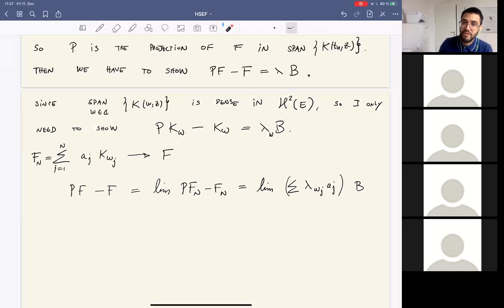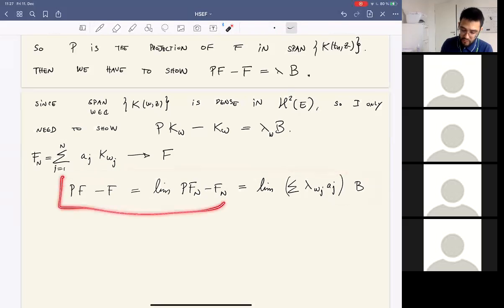So since the evaluation functional is uniformly bounded in compact sets when you vary w in a compact set, convergence in the space implies uniform convergence in compact sets. So this limit here also works uniformly in compact sets on the complex plane.